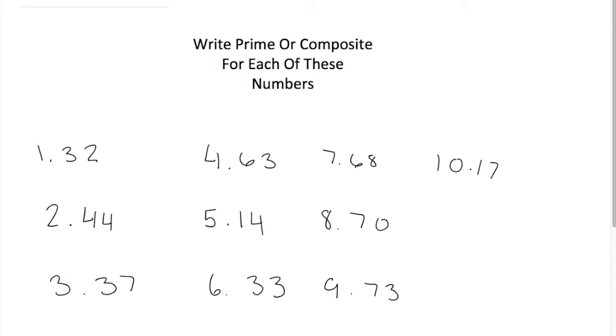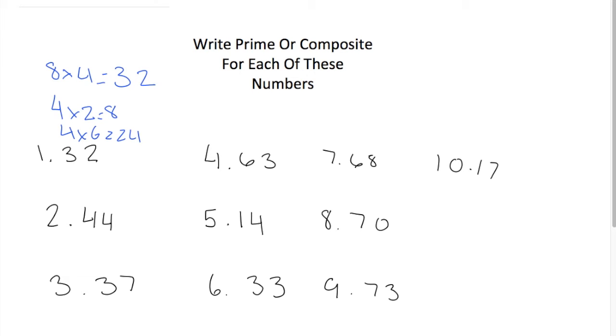So, what we're now going to do here is we're going to figure out whether 32 is prime or composite. Well, we know 4 times 2 equals 8, and then 4 times 6 equals 24. I'm thinking 4 times 8. 8 times 4, if we know our math facts, are equal to 32.